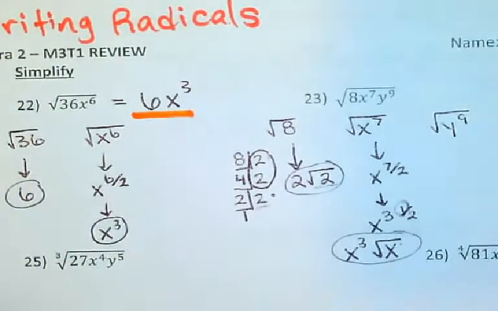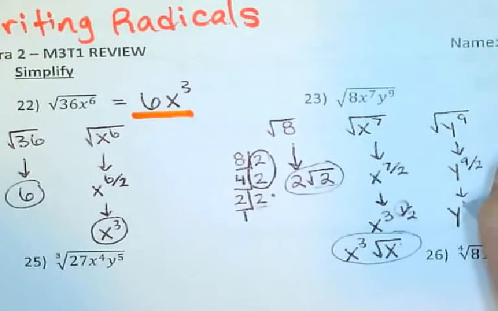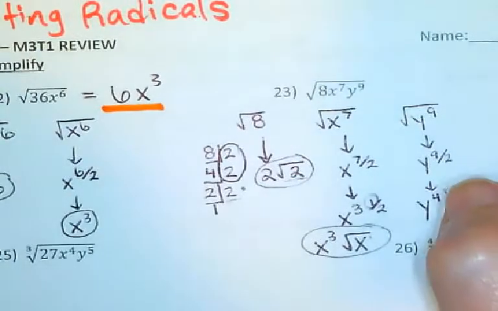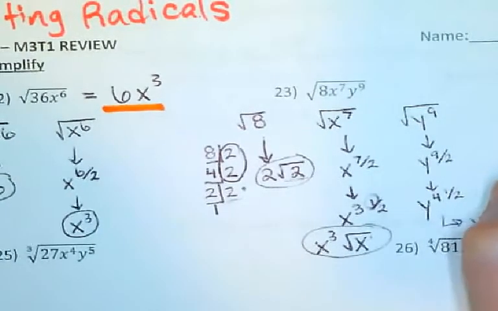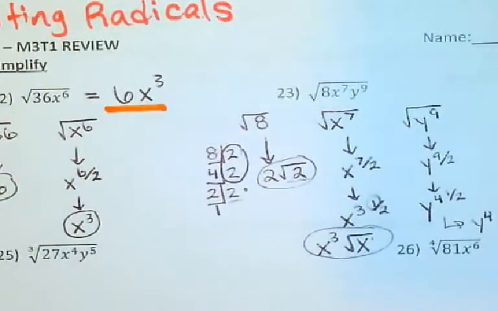Alright, then with the y to the 9th, we do the same thing. Y to the 9th over 2, and that as a mixed number is going to be y to the 4 1/2. So guess what that's going to look like? That's going to be y to the 4th, and then 1 y left over in the square root sign.